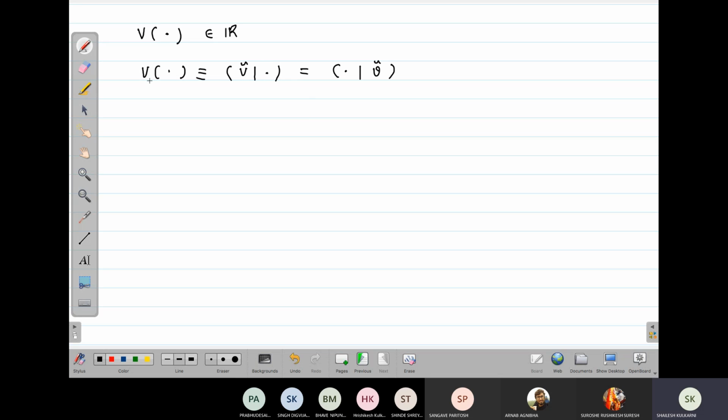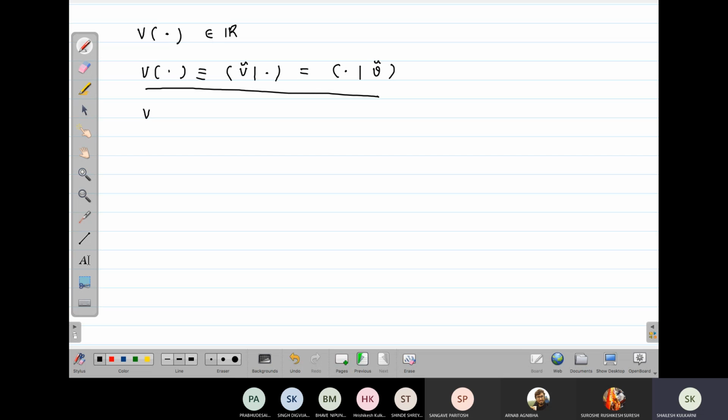V tilde. This is my association. For any dual vector, I associate a vector. Previously, for any vector, we were associating a dual vector. Now, for a given dual vector, I will associate a vector. Right?